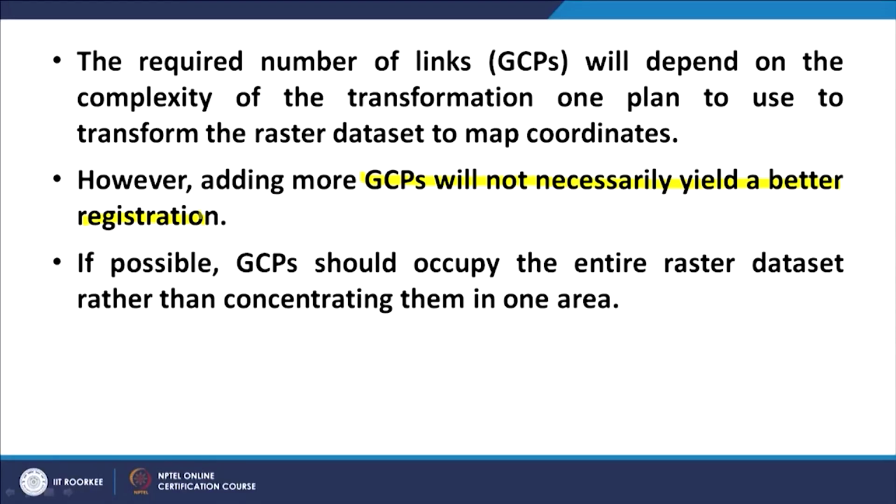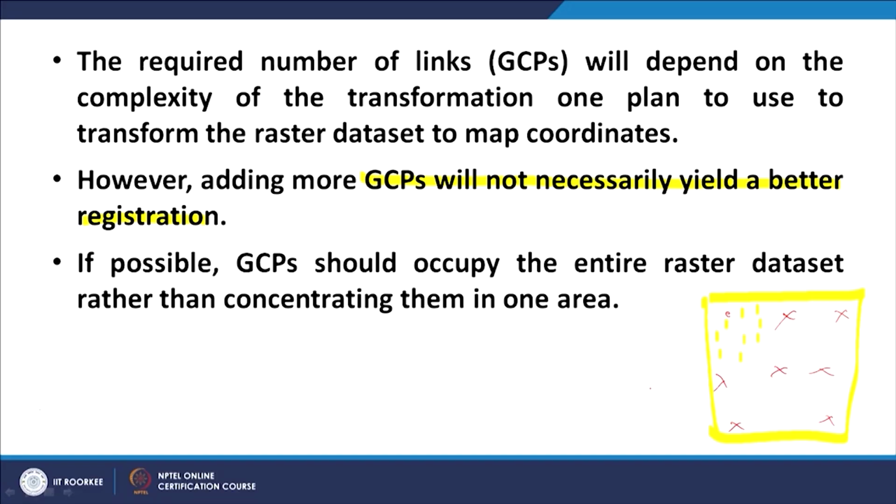And also one has to remember that GCPs should occupy the entire raster data set. What it means is that if I have this much area of image, all my control points should not be located here. They should be located in other places also. I should have a control point here, I should have one here.